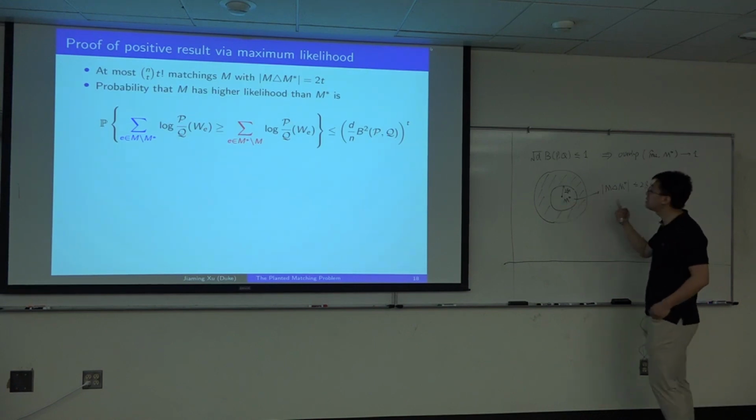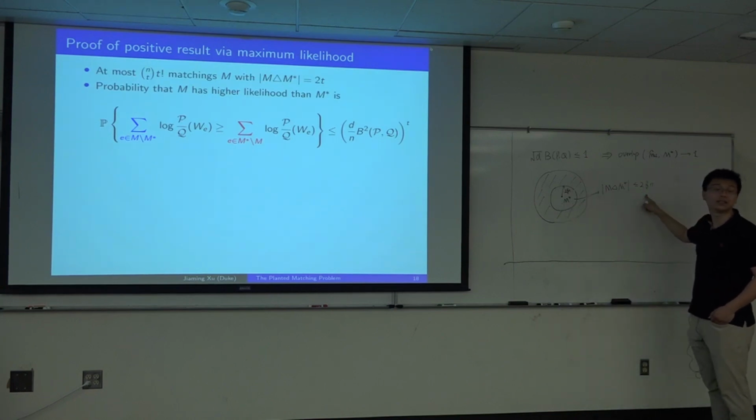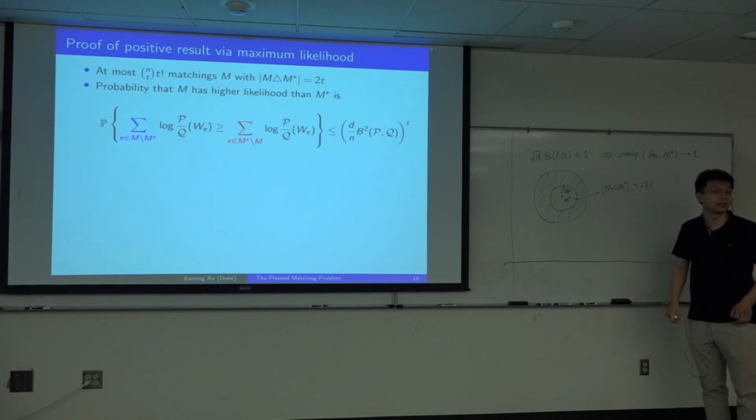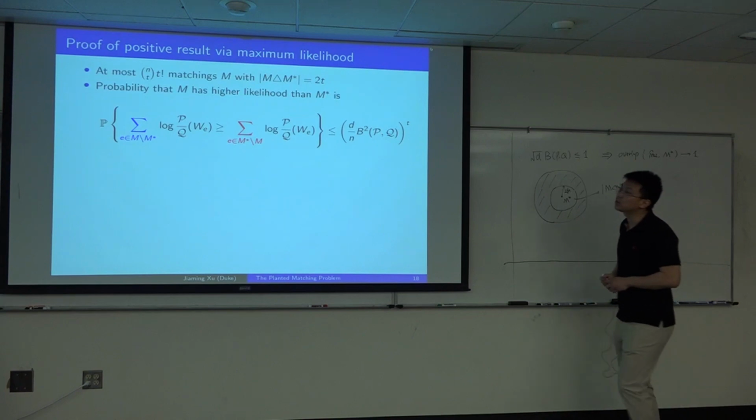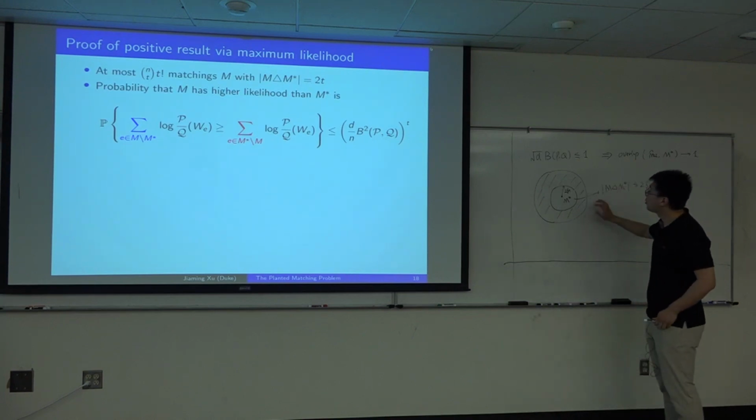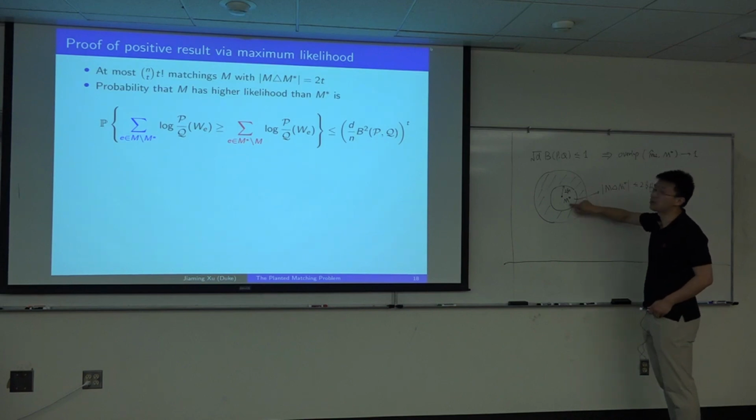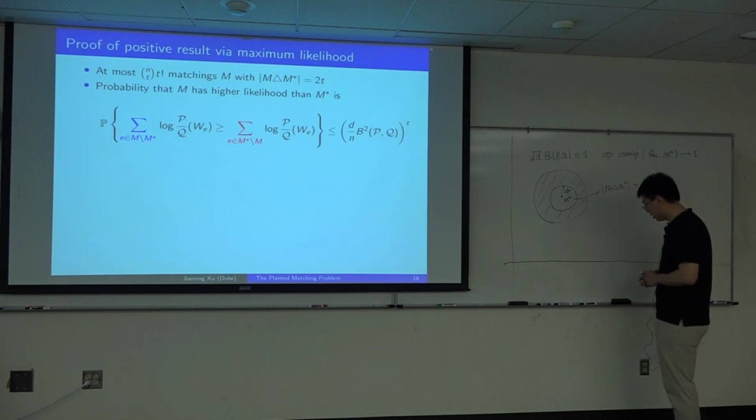That means the distance to M star has to be smaller than 2 beta n. If you can make this beta vanishing, then you show the overlap goes to 1. Does it make sense? So the key thing is that we want to show the likelihood in this shaded part is smaller than that of the true matching. And how do we do that?